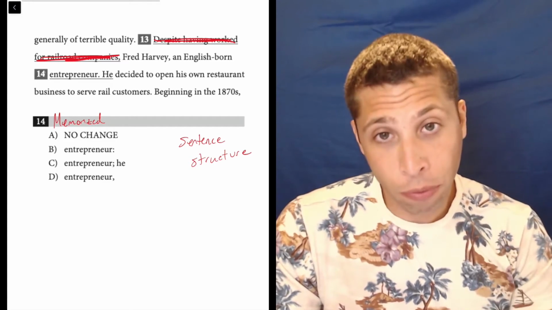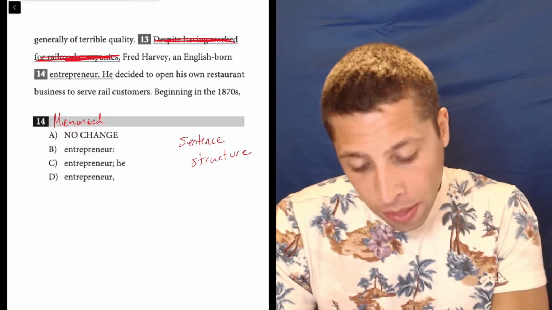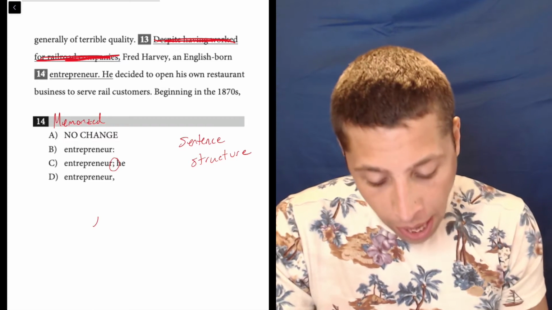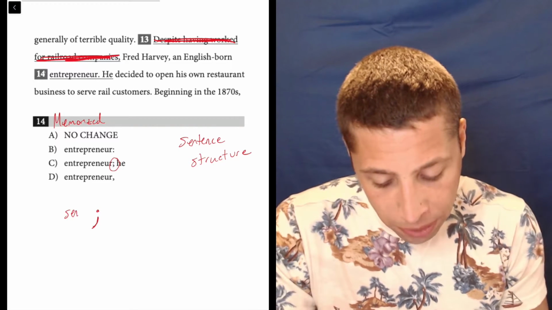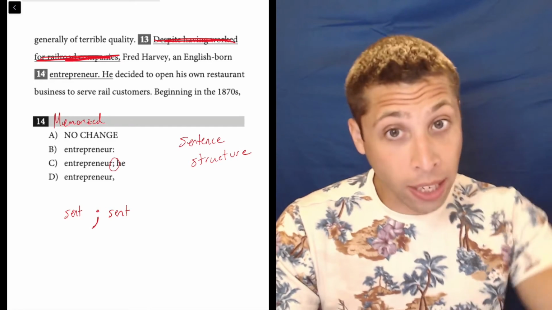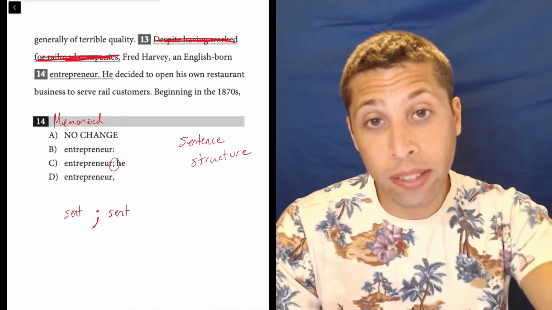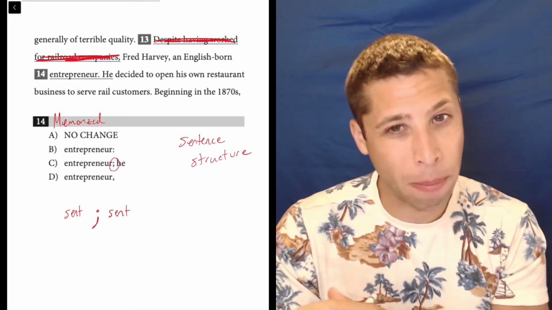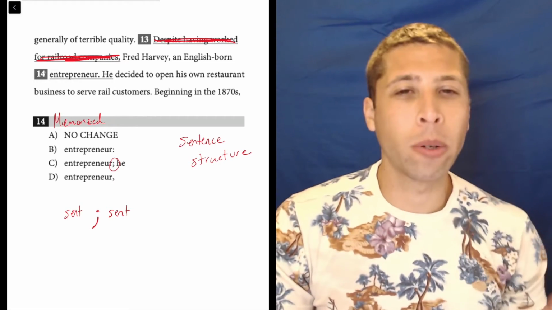First and foremost, I know that if I have a semicolon, like choice C, I need to follow the rule that there needs to be a complete sentence before and after the semicolon. So I can start thinking about that. Are these things before and after complete sentences? And that's where this part I crossed out might matter. But before I do that, I notice something else.